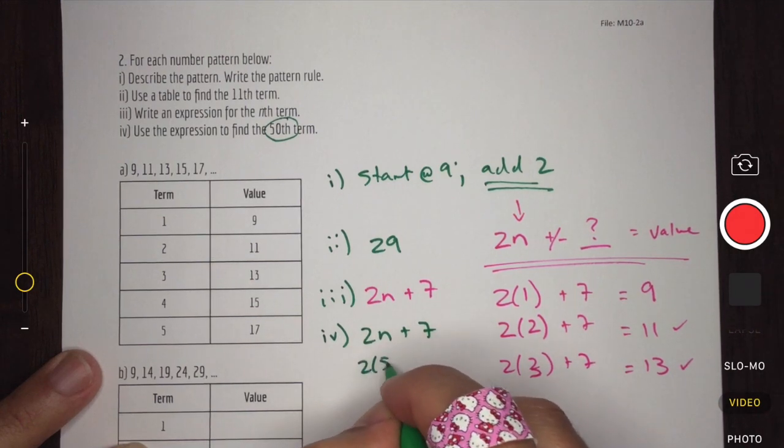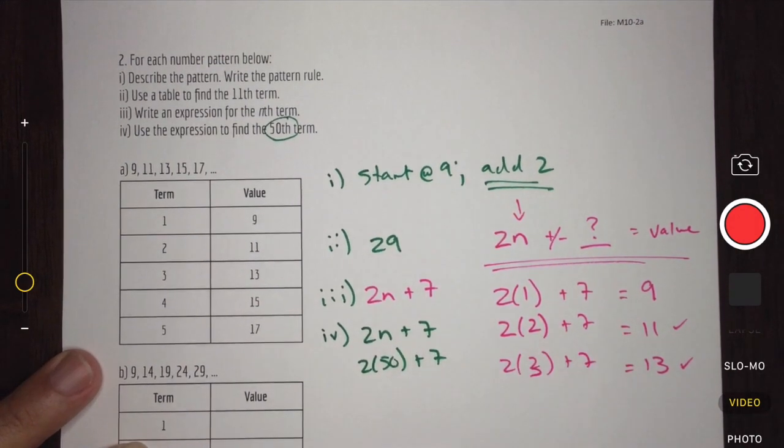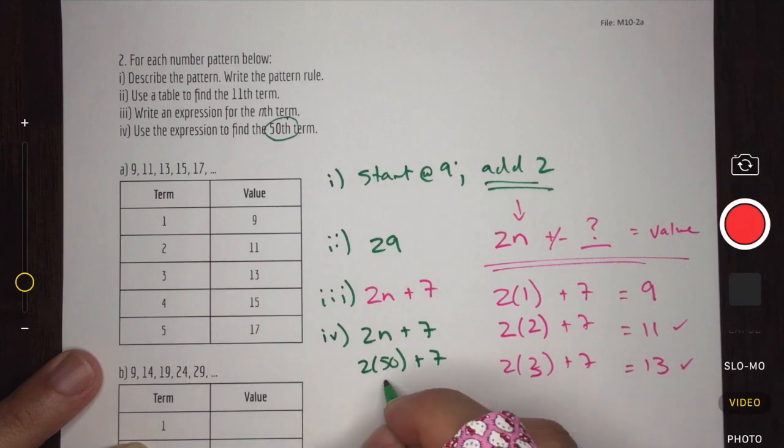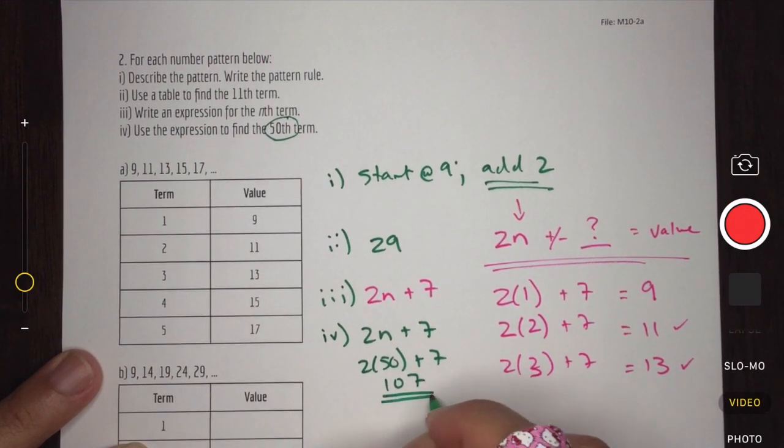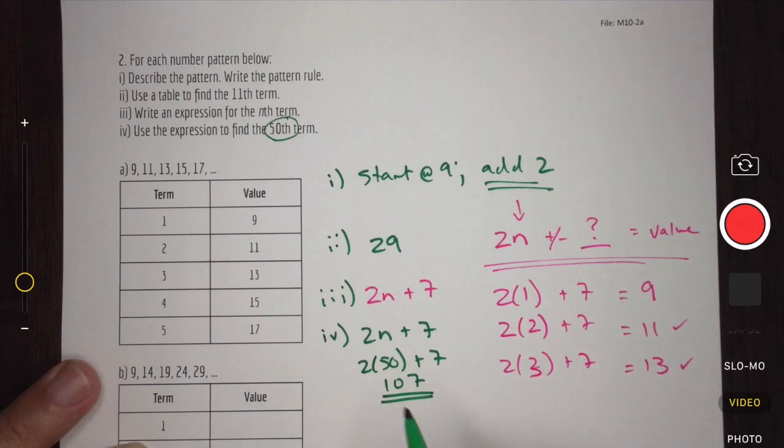So 2 times 50 plus 7. So when we multiply and do a little bit of adding, we can figure out that the value of term number 50 is going to be 107. So that is how we can use our expressions to help us find out our values down the road.